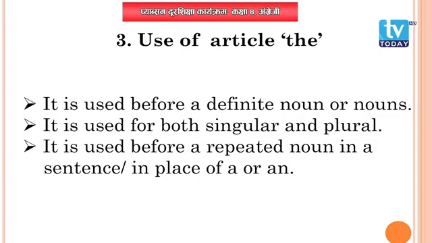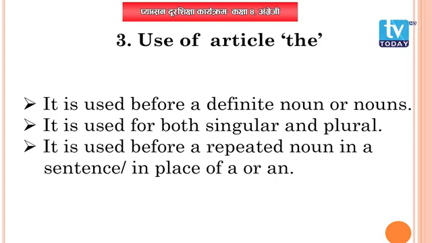The boy was very unhappy. Within those two sentences, the same word boy has been repeated, but in the first sentence we have used the article a to denote the singular countable, but in the second sentence we have used the article the.